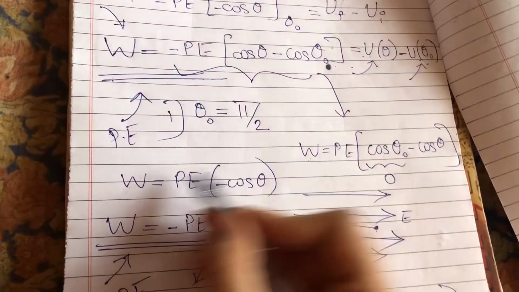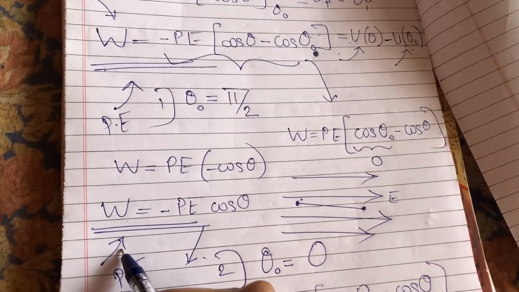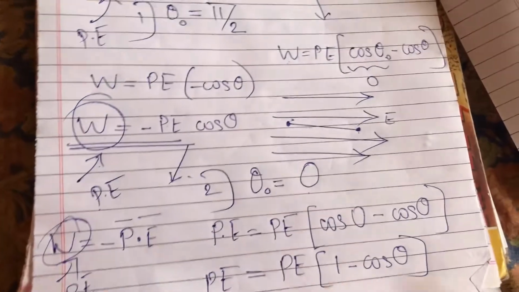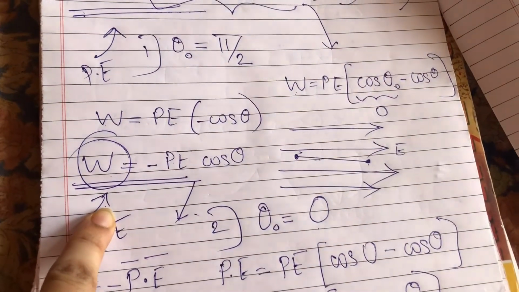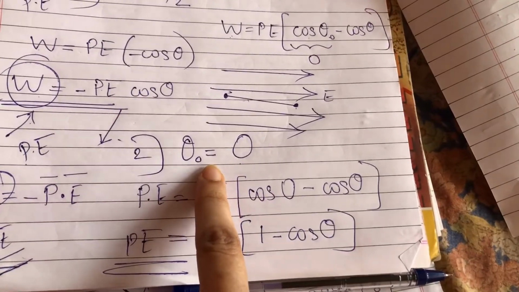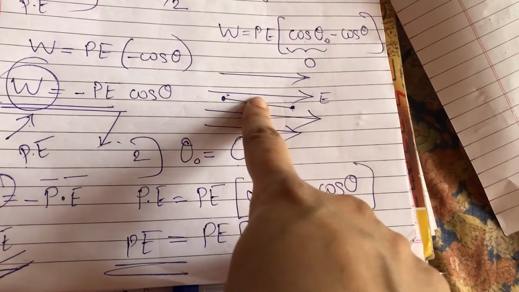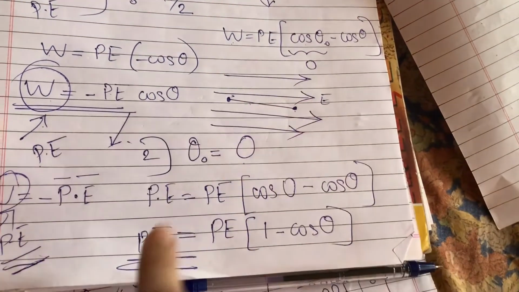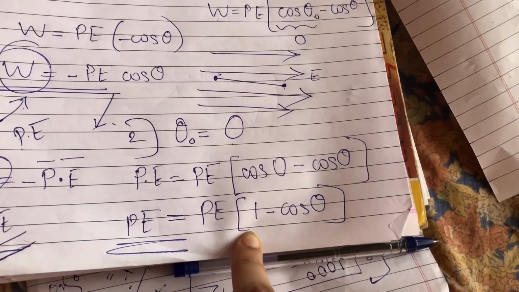So just for the substitution I have written it, but what we have achieved is this, or you can say this is nothing but the potential energy when your dipole is perpendicular to the field, and this is the case when your dipole is parallel to the electric field. In that case the potential energy in the dipole is given by this formula.